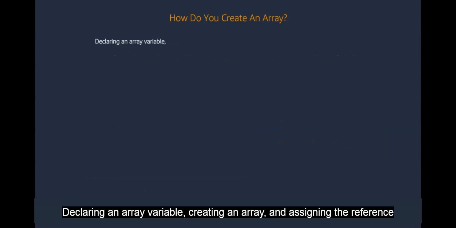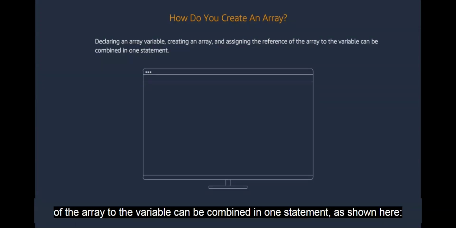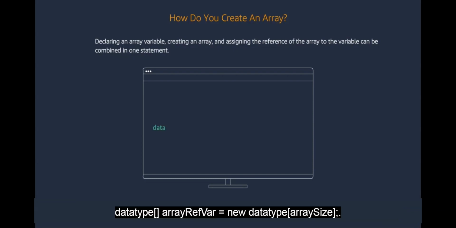Declaring an array variable, creating an array, and assigning the reference of the array to the variable can be combined in one statement, as shown here. Data type, open-close box brackets, array ref var, equals new data type, open bracket, array size, close bracket, semicolon.